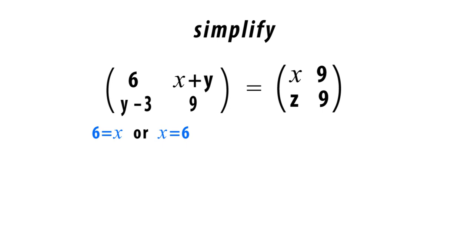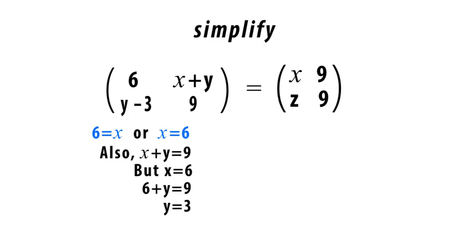Again, we have x plus y is equal to 9. But we already have x as 6. So we'll place 6 in place of x, and that will give us 6 plus y is equal to 9. And so we have y is equal to 9 minus 6, which is equal to 3. So y is equal to 3.